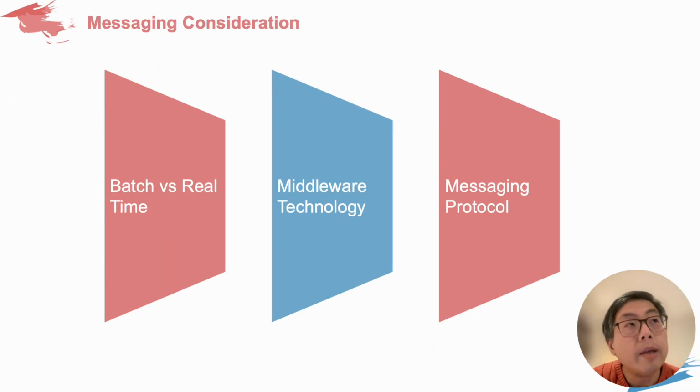So when we are talking about messaging, we actually consider a few things. The first thing is batch or real time. In other words, whether we do synchronous or asynchronous messaging. A lot of this is down to the way we request information.